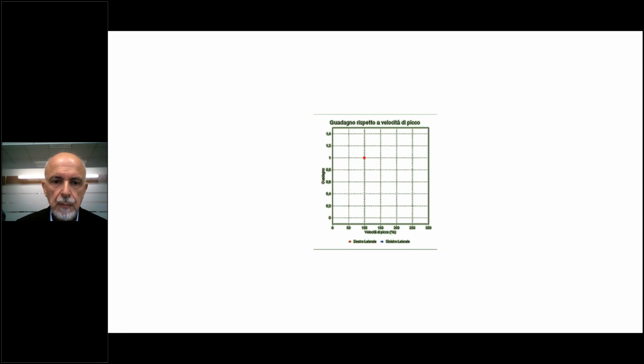Some ideas about this concept. I perform a head impulse at a very low velocity. The gain is 1. Okay. I can have a lot of impulses, all about gain 1.